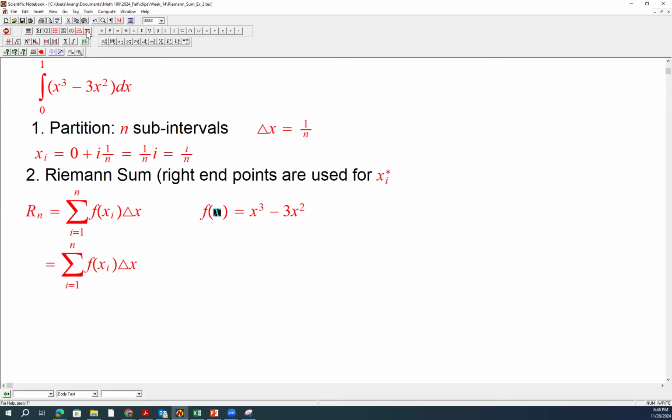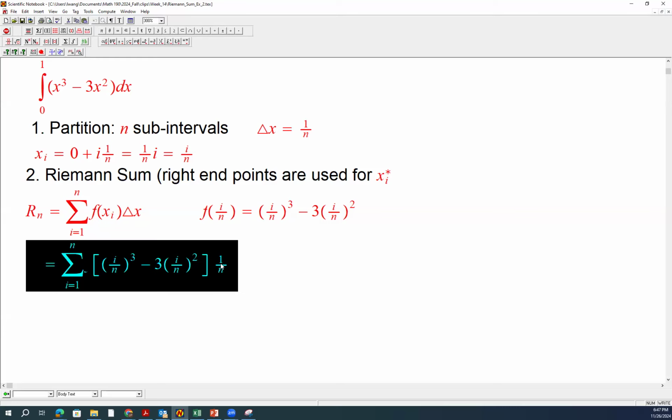So we substitute, we put this in place of x for every x in the expression, and put all of these in place of f of x_i, which is going to be like this. And delta x is 1 over n. And simplify.